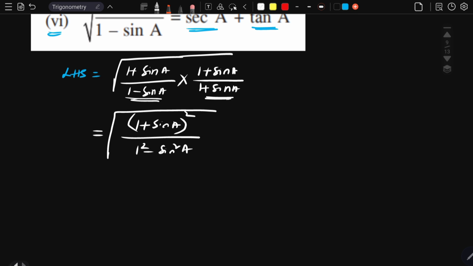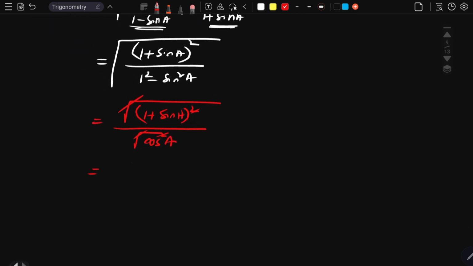Still both have a square root. Further, split the square root for the numerator and denominator separately, so we get (1 plus sin a) whole square. In the denominator, 1 minus sin square a, I can write as cos square a. So the square root cancels with the square, and we have 1 plus sin a in the numerator and cos a in the denominator. Divide by cos a for each term: 1 by cos a plus sin a by cos a.